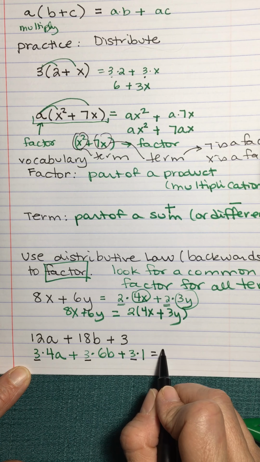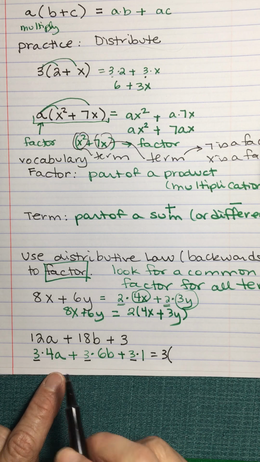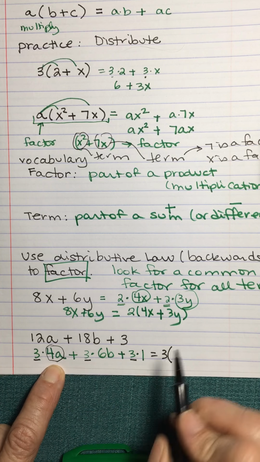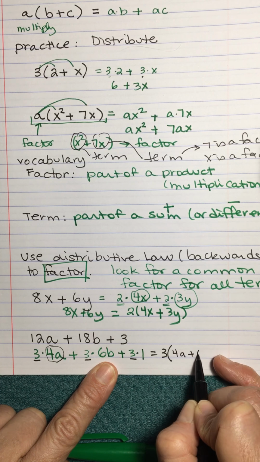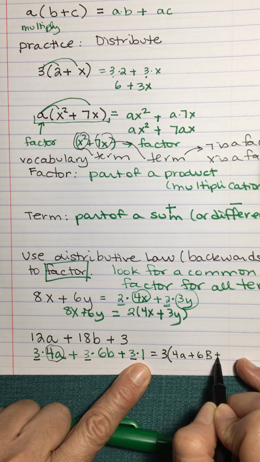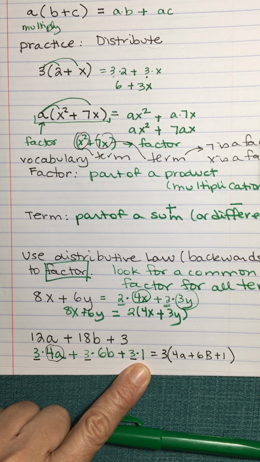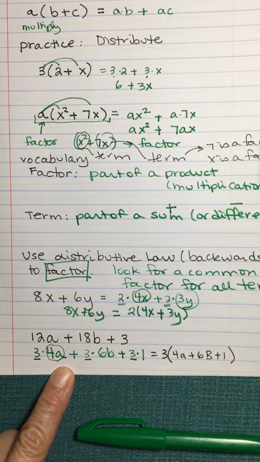So we go ahead and factor it out. And then we gather up those pieces that were left. So 4a plus 6B, I'll do my capital, plus 1. And you can always check by distributing and seeing if you get back to where you were.